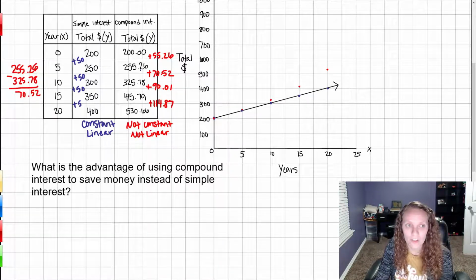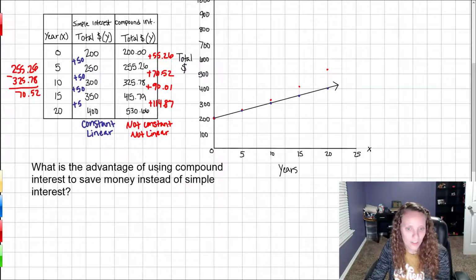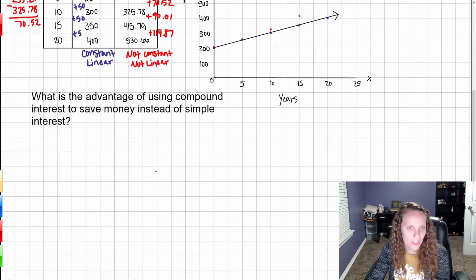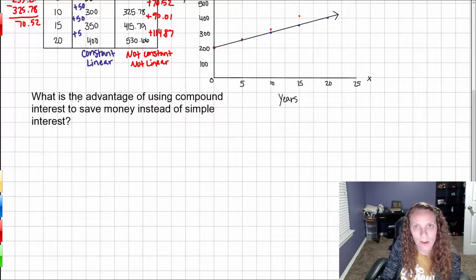For the compound interest for every 5 years, the first time it went up 55.26, and then it was 70.52, and then $90.01. So her earnings from the bank keep going up and up as the years pass on. So the advantage of compound interest in this case is that it helps her money grow at a quicker rate.